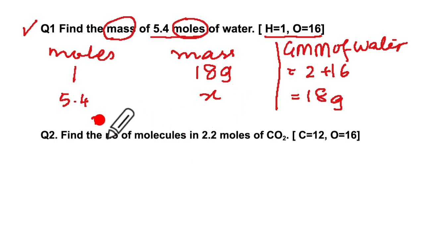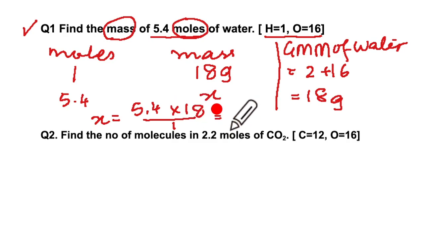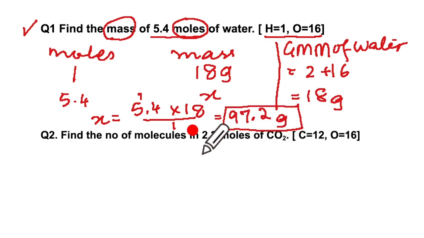Alright, so I'll have the mass equal to 5.4 multiplied by 18 upon 1. So 18 4s are 72, carry 7. 18 5s are 90, plus 7 is 97, so 97.2 gram, and that will be the mass of 5.4 moles of water.